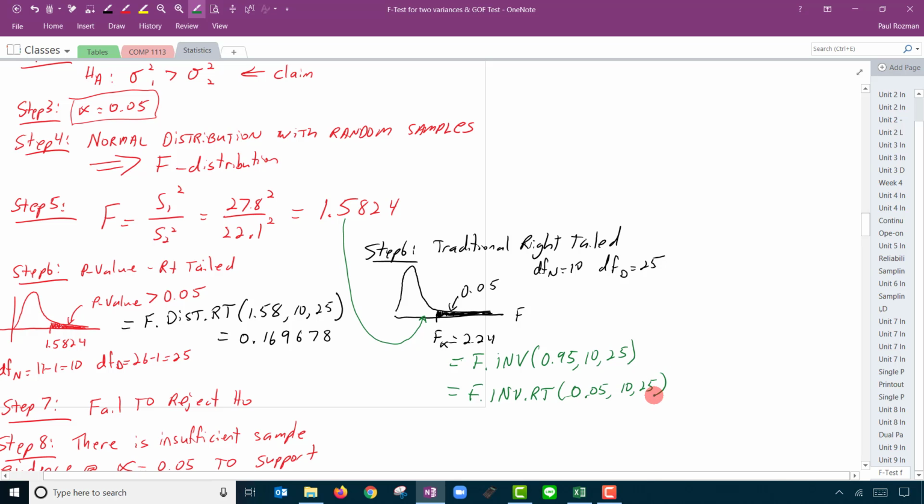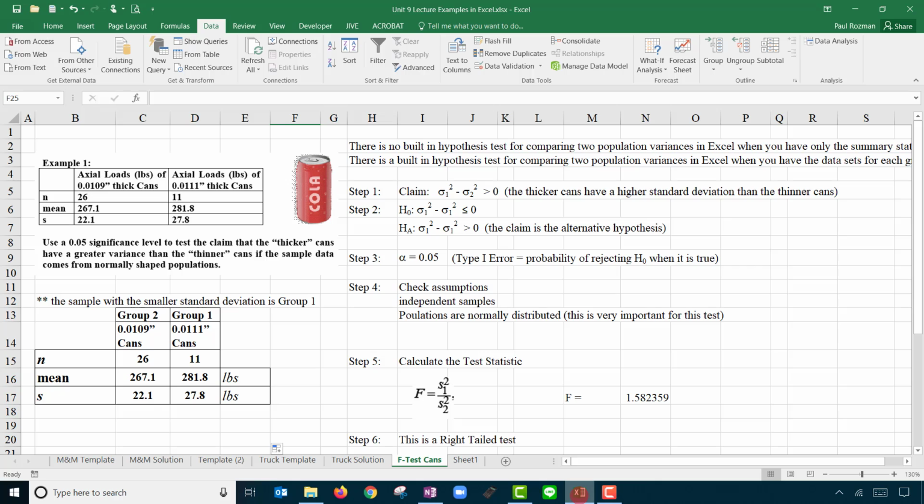Let's check. I did this with Excel. I copied and pasted the question that we're doing. I actually took a picture of it, so I had to recreate the table. Excel, again, doesn't have a built-in f-test when you're given summary data like this. If we had the actual 26 values from group 2 and the actual 11 readings from group 1, then there is.